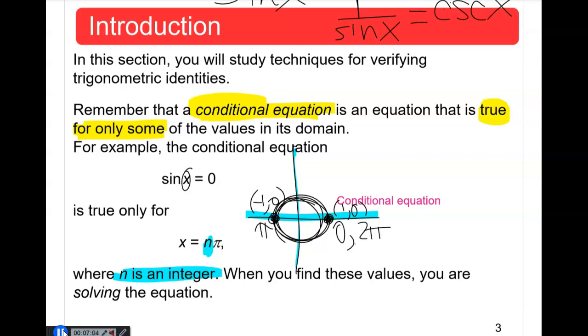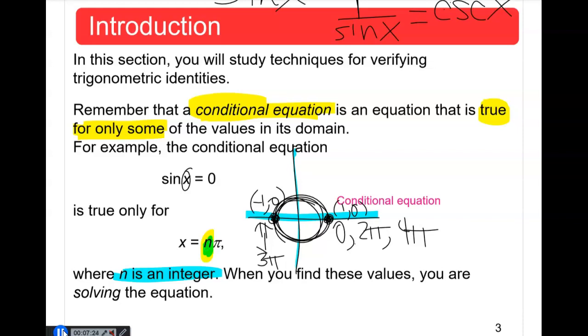And this could be 3 pi. A full rotation plus pi is 3 pi, and then 2 rotations will be 4 pi, and so on. And so that's why we said that for all multiples of pi.